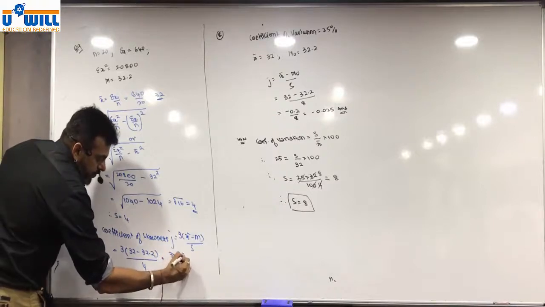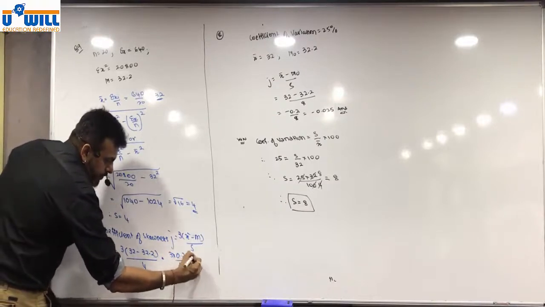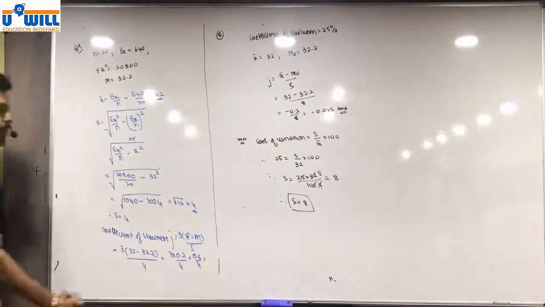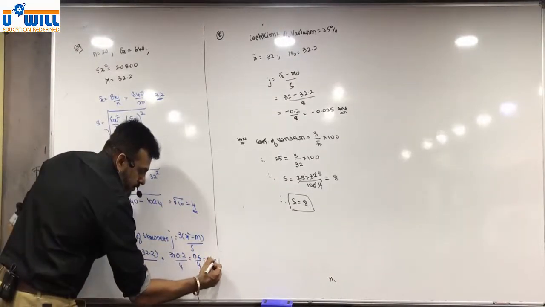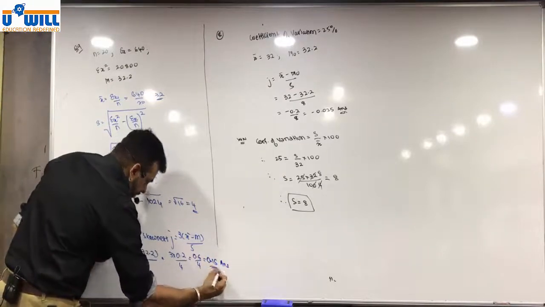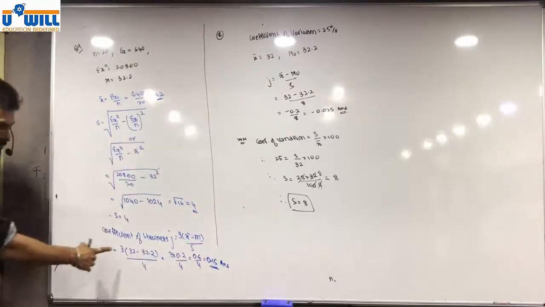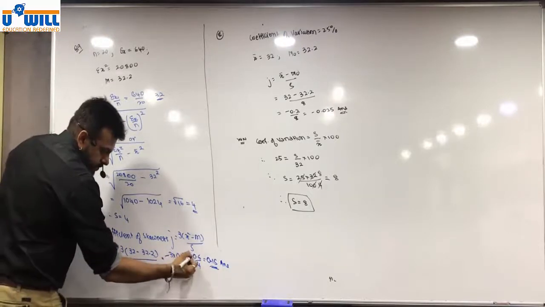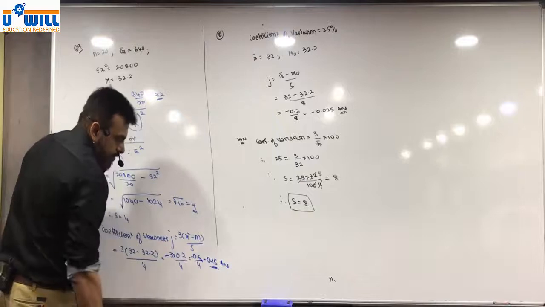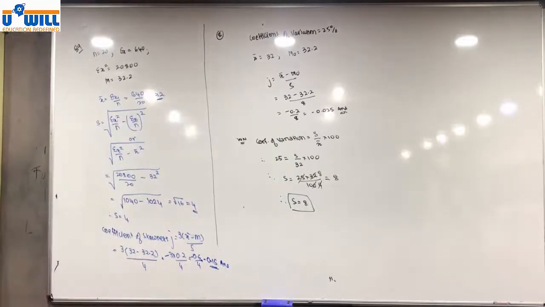So 3 into 0.2 upon 4. 0.15. Negative? Minus 0.15.